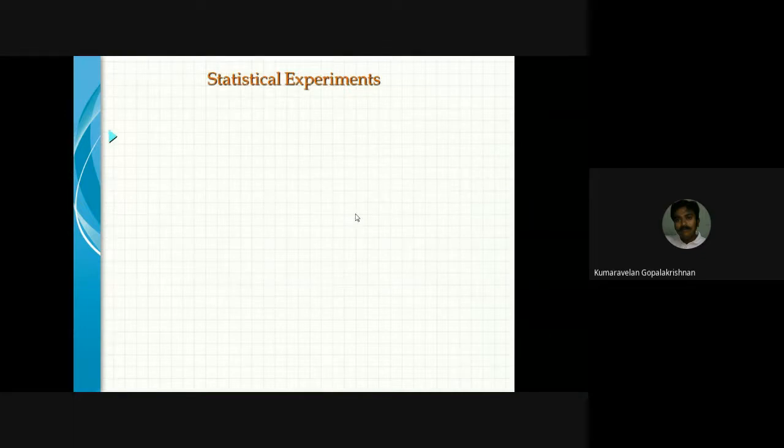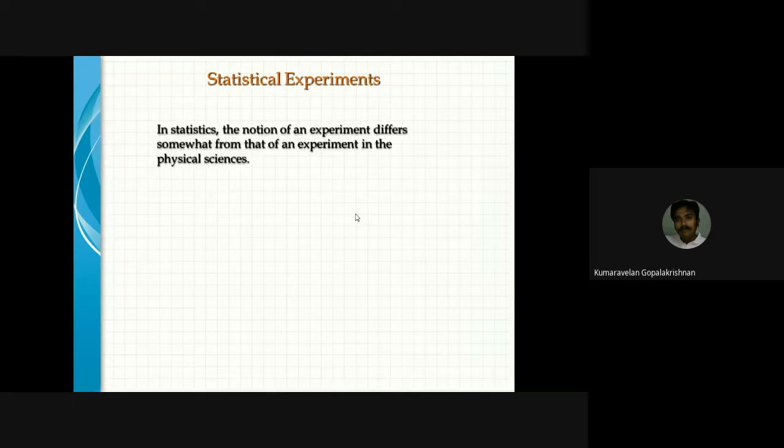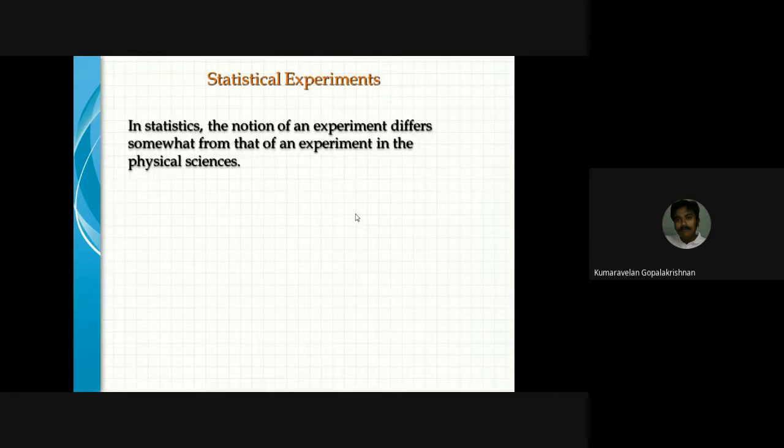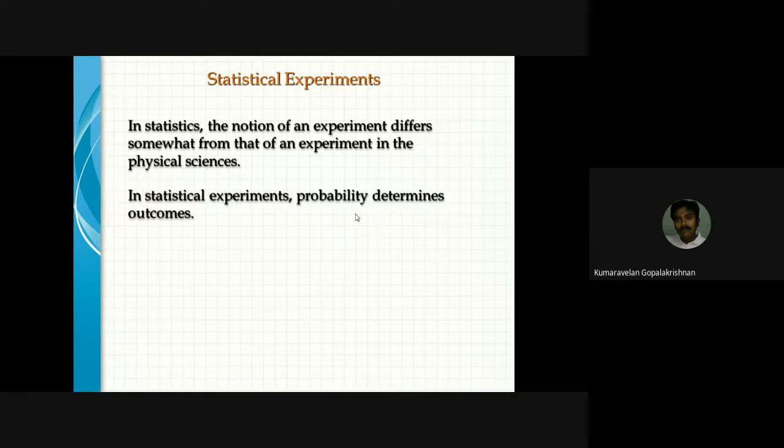Okay. Next, I am coming to discuss what is an experiment. See, with respect to statistics, the experiment is different, and with respect to physics and chemistry, the experiment is different. In statistics, the notion of an experiment differs from the other physical sciences. Okay, I already told that. In a statistical experiment, the probability determines the outcomes, that is, the outcome of an experiment.